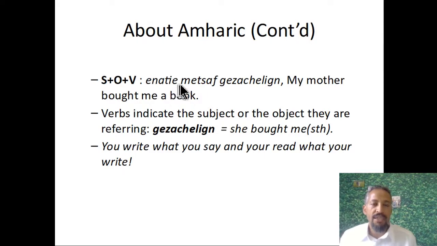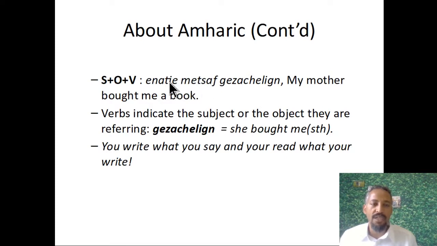Enate mezaf gazachilign. Enate is my mother. Mezaf is a book. Gazachilign is she bought for me. So mezaf is the object, and it comes right in the middle, after the subject and before the verb.